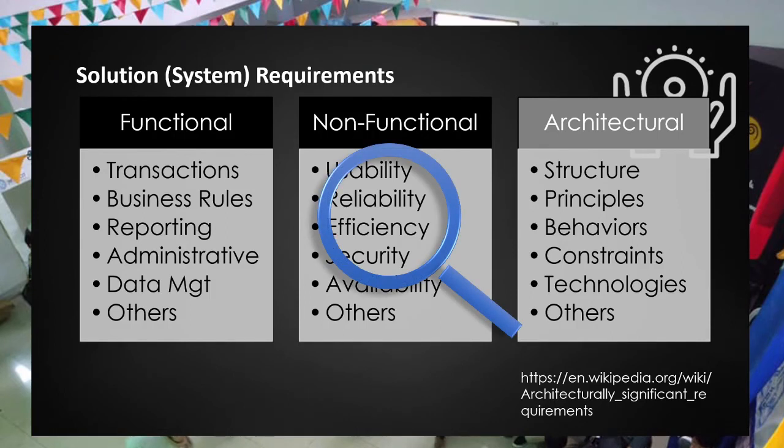Non-functional requirements, also known as quality of service requirements, do not relate directly to the behavior or functionality of the solution, but rather describe conditions under which a solution must remain effective or qualities that a solution must have.